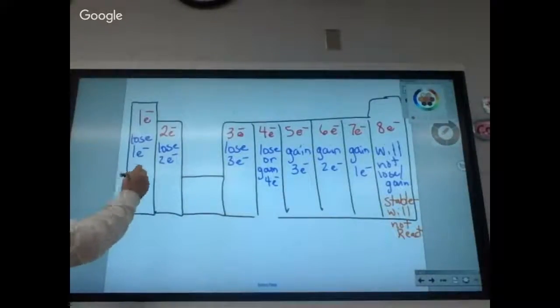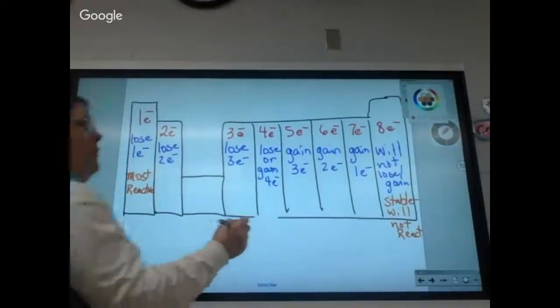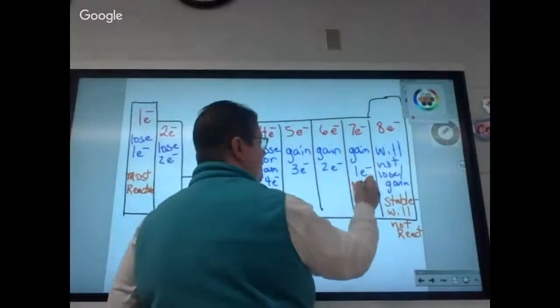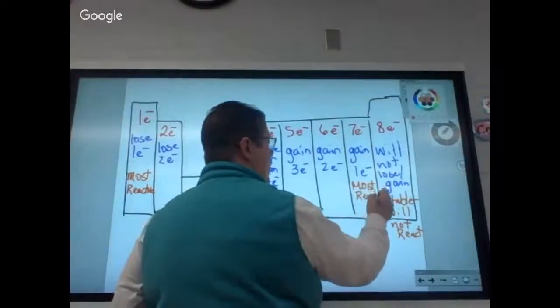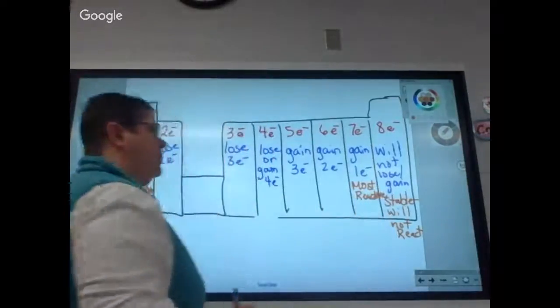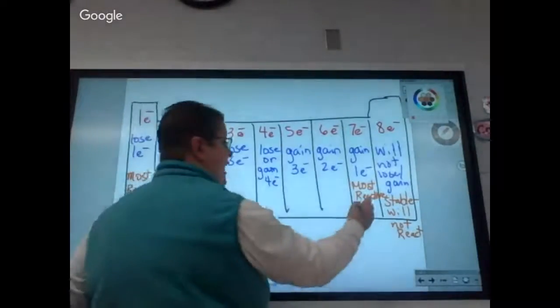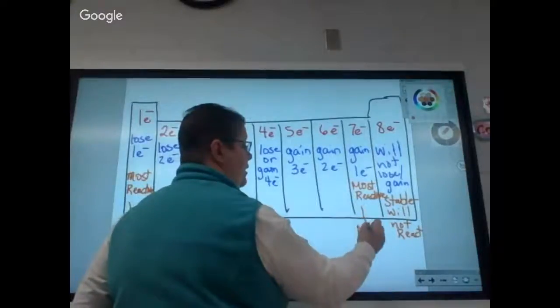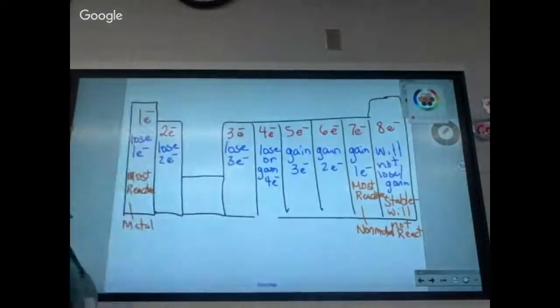So this one is the most reactive. Now, that means this one is the most reactive. The only difference is this one is a metal and this one is a non-metal. Okay? That's the only difference.